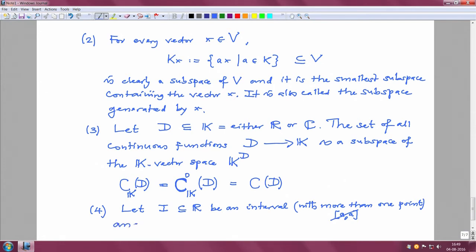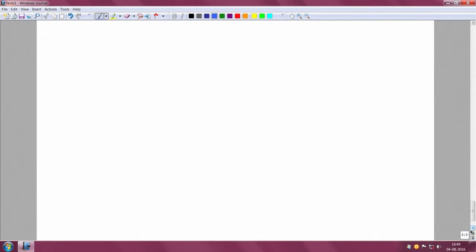And let n be any natural number. Then the set C^n(R, I) is the set of all f from I to R, real valued functions on I, and f is n times continuously differentiable.